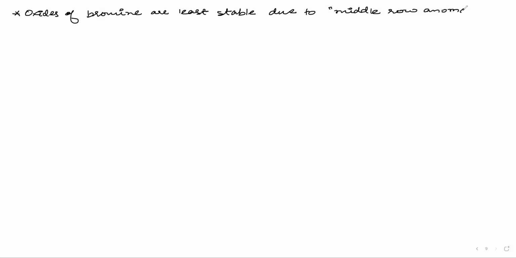Look at your textbook and see, this word is present in brackets. If somebody asks you a question about middle row anomaly, people will say that it is out of the syllabus. It is not out of the syllabus, it is in the NCERT also.